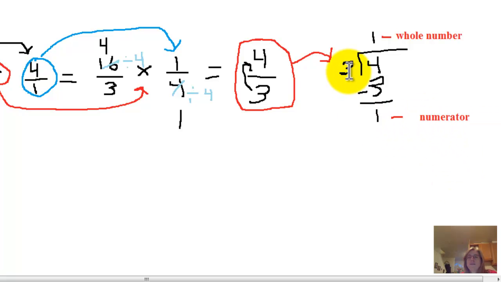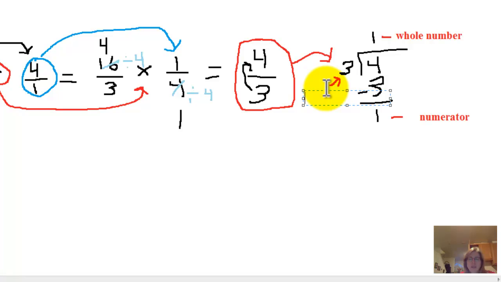And this number up here is the denominator. And remember, that was just that denominator from before, so nothing has changed on the denominator.